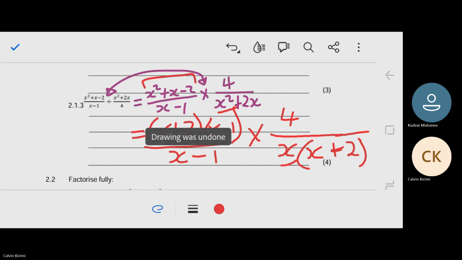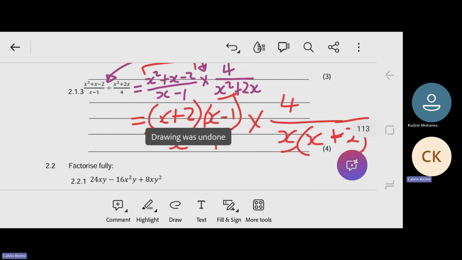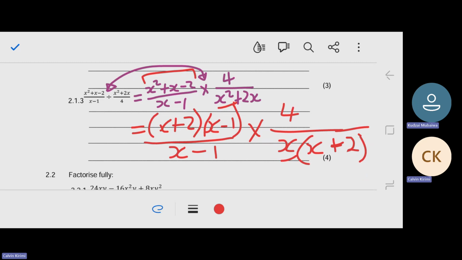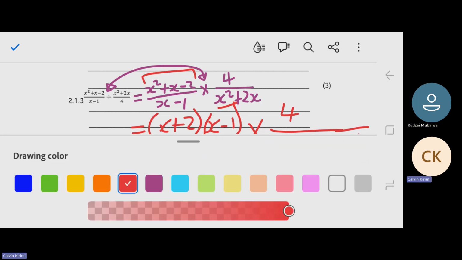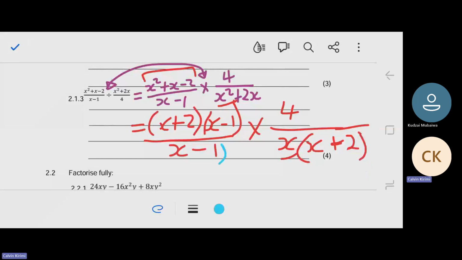Then we continue. We check which brackets are the same, so that we can cancel them out. We have this bracket, the denominator, x minus 1, which can cancel this one.